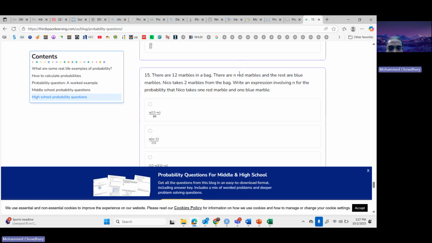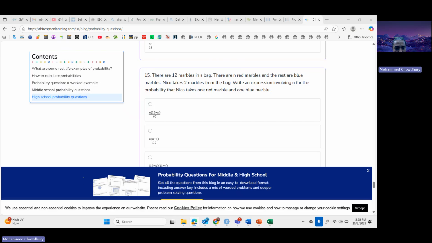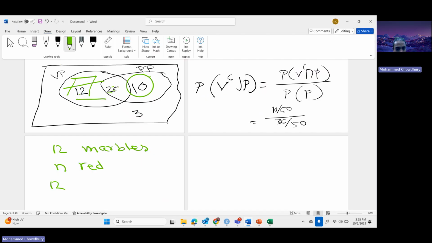Okay, there are 12 marbles in a bag. There are n red marbles and the rest are blue marbles. So there are 12 marbles, n red and then the rest are blue. So 12 minus n equal to blue. N red, 12 minus n blue.